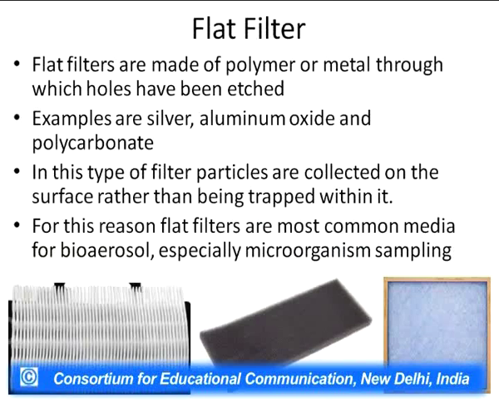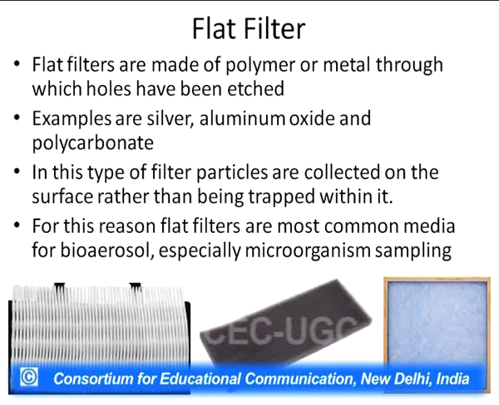The next class of filters are flat filters, and flat filters are made of polymer or metal through which holes have been etched. Examples are silver, aluminum oxide and polycarbonate. In these types of filters, particles are collected on the surface rather than being trapped within it. For this reason, flat filters are the most common media for bioaerosol, especially microorganism, samples. There are pictures of three different types of filter papers.